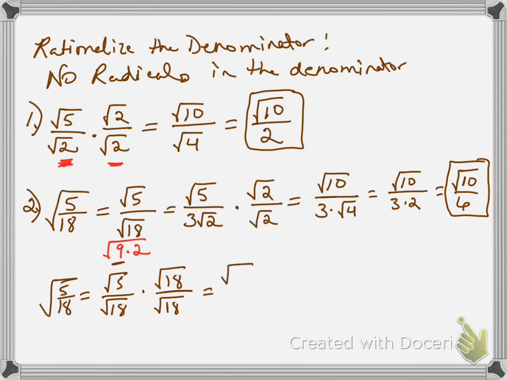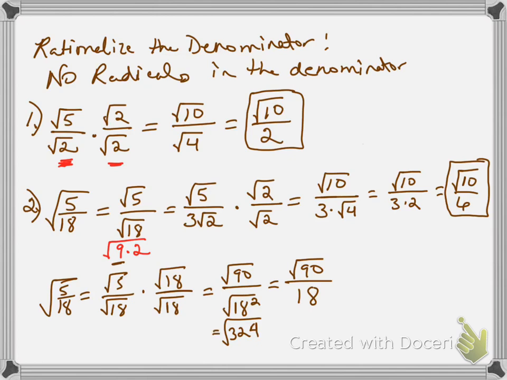So we have the square root of 90 over the square root of 18 squared. You can put it in your calculator and find out. So we have the square root of 90 over 18, because the square and the square root will cancel each other out. Or if you do 18 times 18, you get 324, and you take the square root of 324, you get 18.